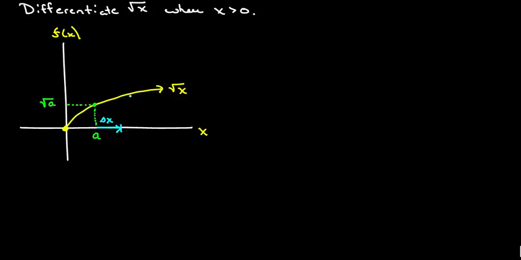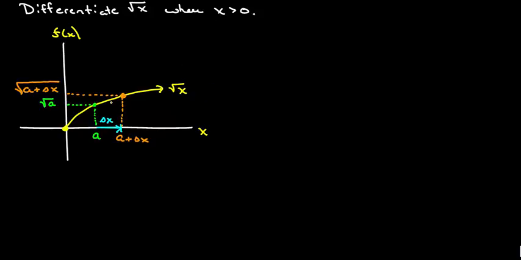So that means that this new point right here is going to be a plus however far I went over. Okay, and then what we're going to do is find the height of that point right there. And so that guy is the square root of a plus a little bit.